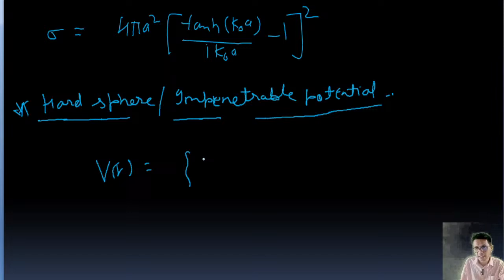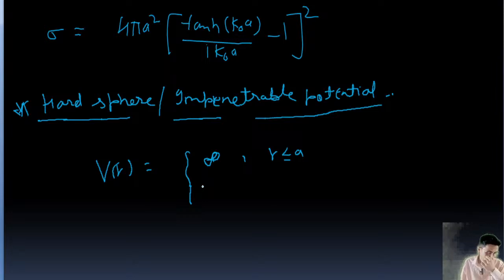If there is a hard sphere or impenetrable potential, in that case V(r) we can define as infinite, because we cannot penetrate it. Infinite if r is less than or equal to a, the radius of the sphere, because it's very hard or impenetrable. So V(r) is infinite, and that's why we are not able to penetrate it.